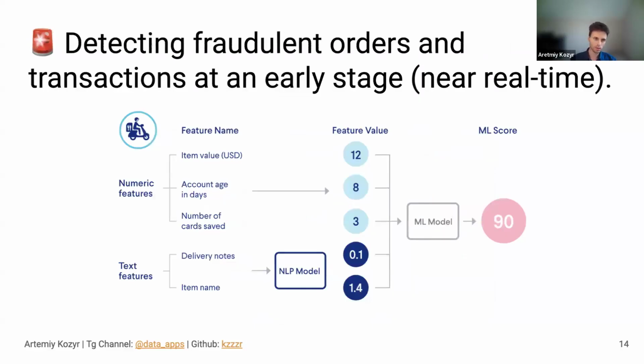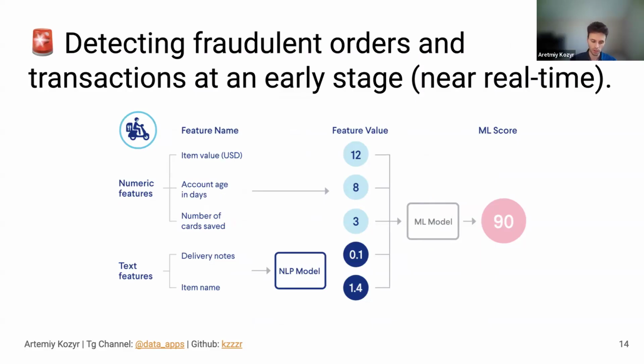Next one is detecting fraudulent orders and transactions before they happen, before something bad happens. That takes a lot of input: attributes, traits, events, and the time when it's happening.